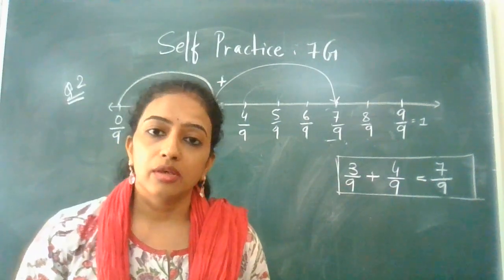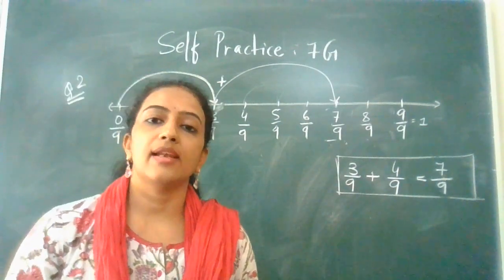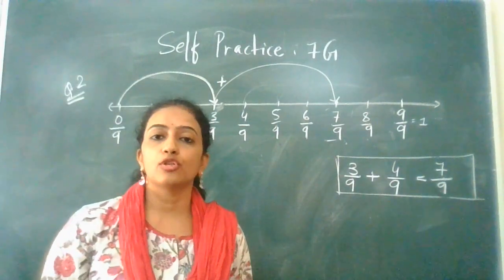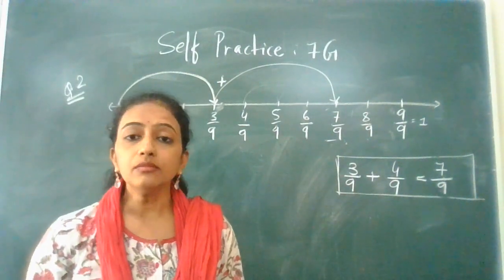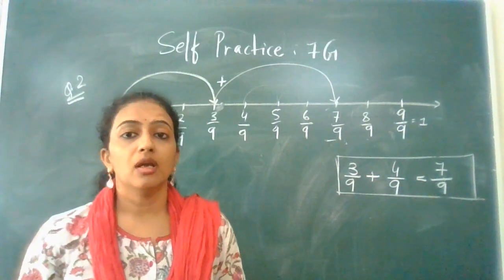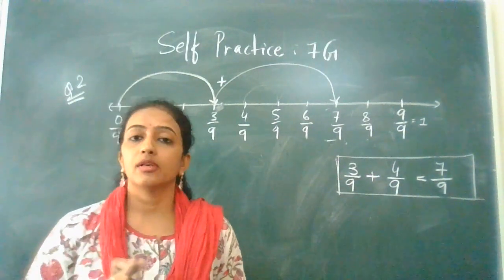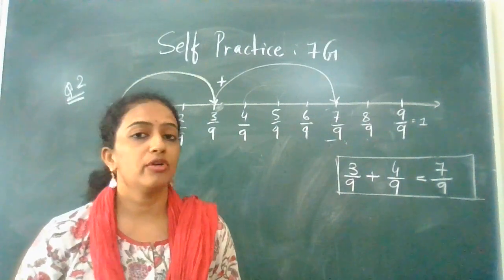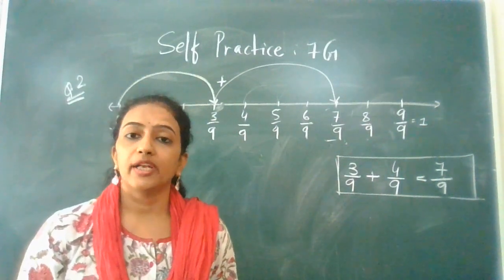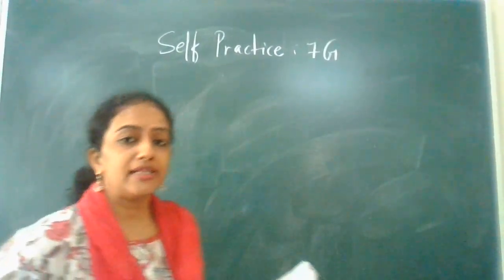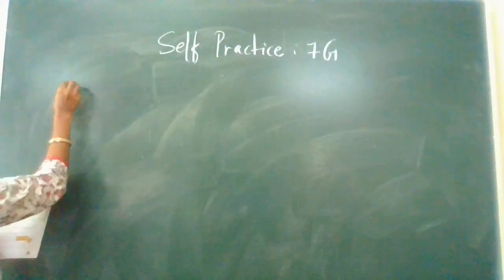The rest of the exercise, all the questions are to be done in the classwork, very neatly, with the proper steps. So please do follow the steps. Don't skip any of the steps. Don't write the direct answer. Whatever you do, you have to show the calculation. Now let's do question 3.